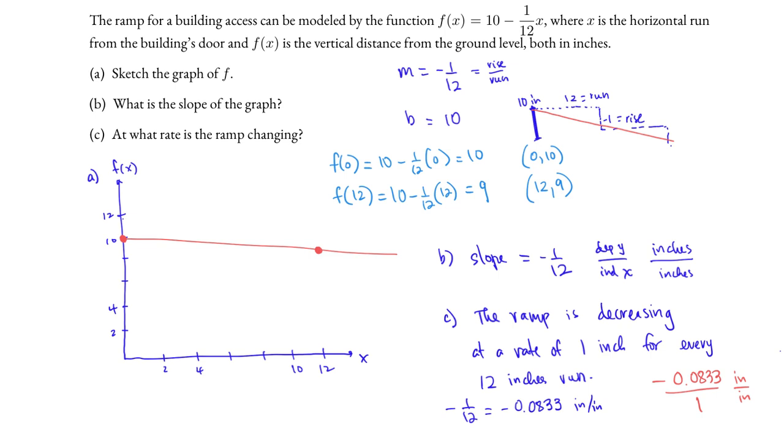This means the ramp is decreasing at the rate of 0.0833 inches for every inch out. But the drawback is that we have to work with a decimal number here.